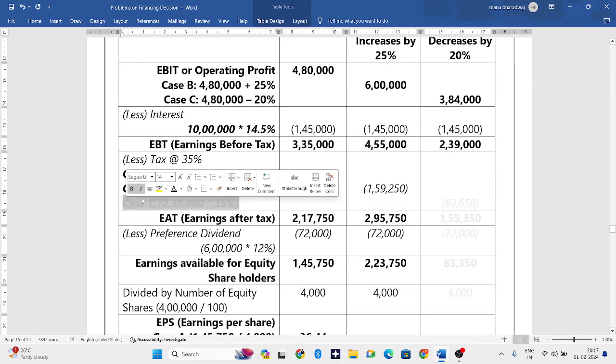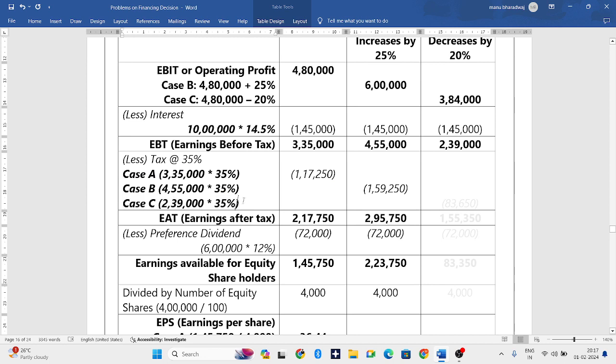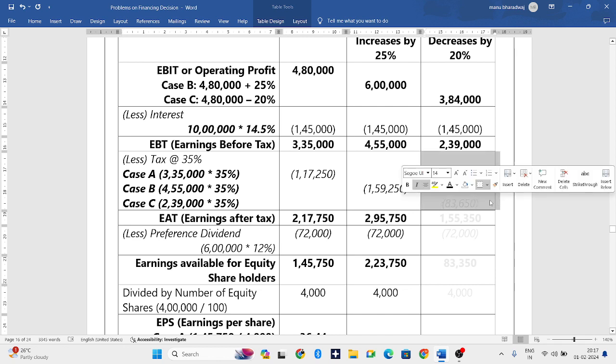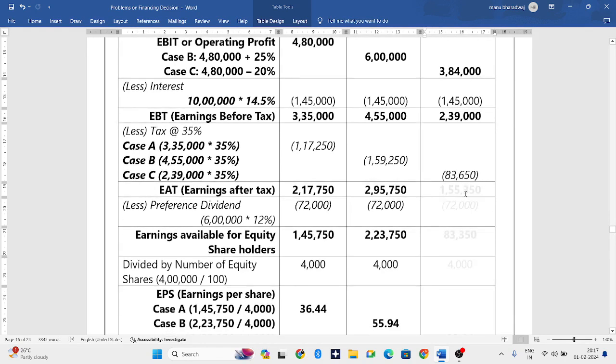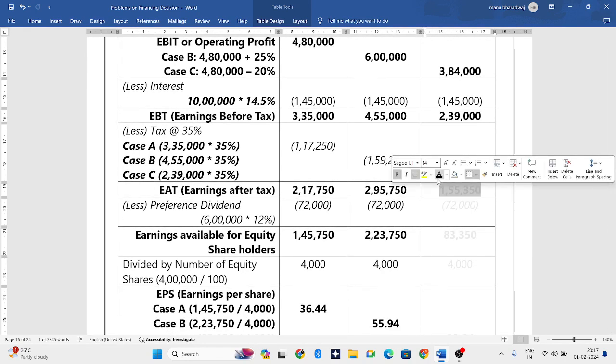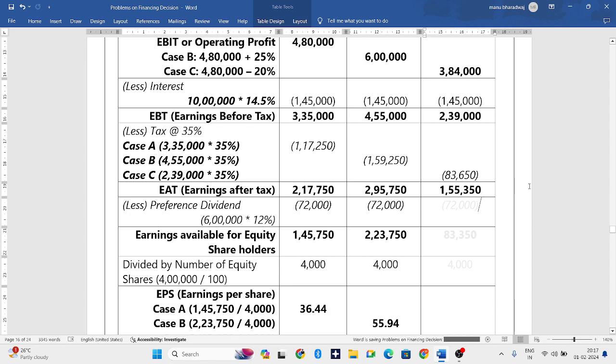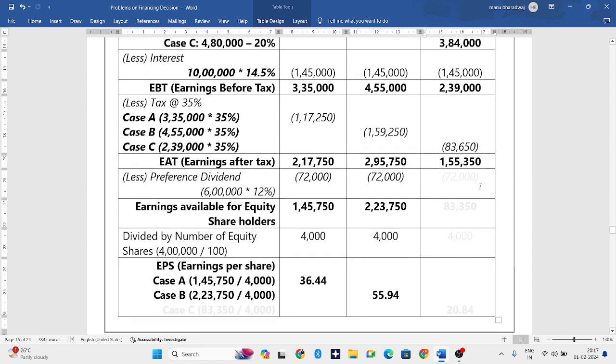On the 2,39,000, we have to charge 35% tax. So 35% on 2,39,000 will be 83,650. If you subtract both, you will get 1,55,350.